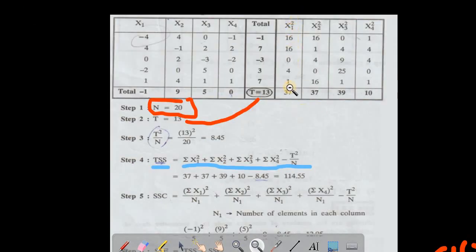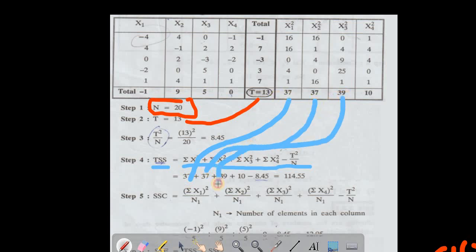This is 37, so you'll get 37 here. You substitute 37, this 59, this 10 here, and the error term comes from here.